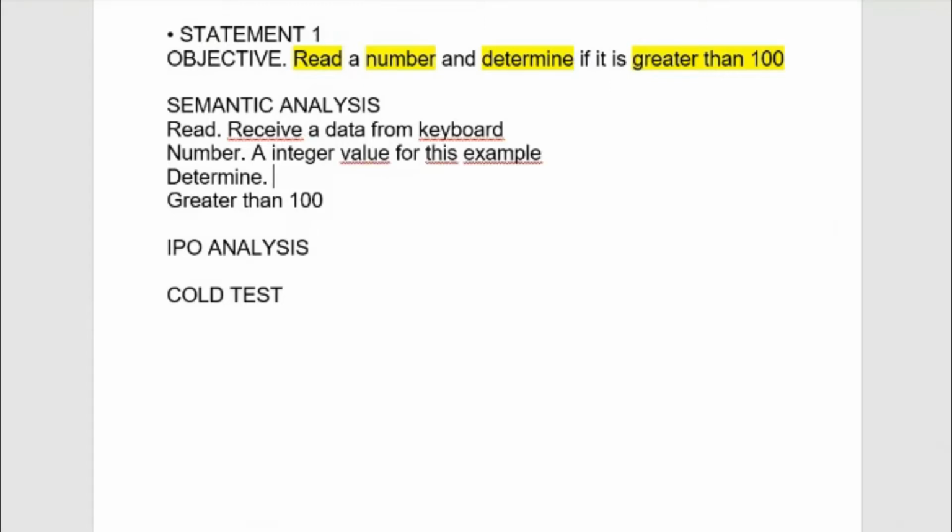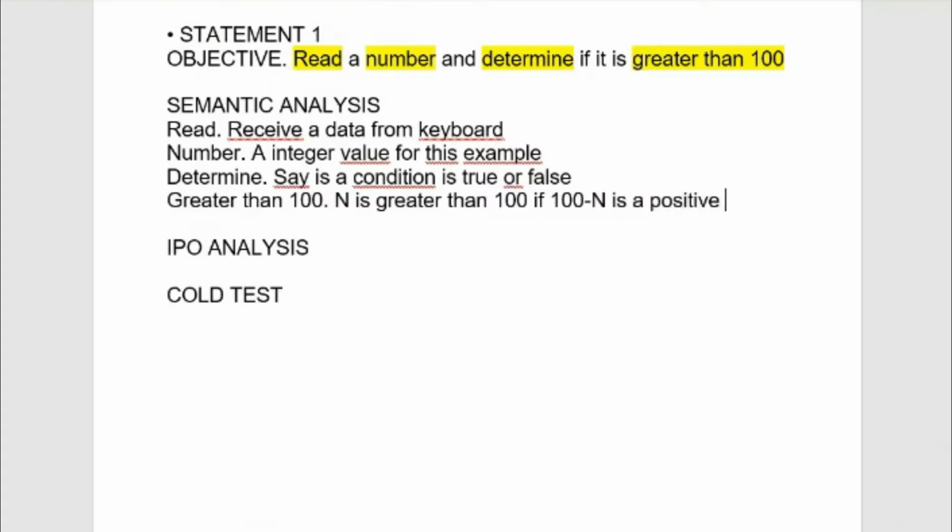What is determine in the computer programming world? Determine is to say if a condition is true or false. And what is greater than 100? Well, a simple definition: N is greater than 100 if 100 minus N is a positive value.